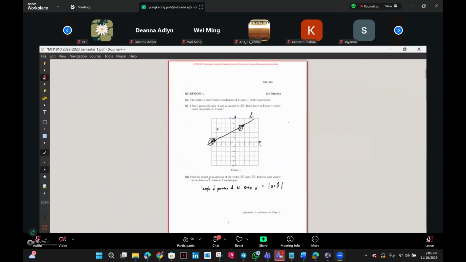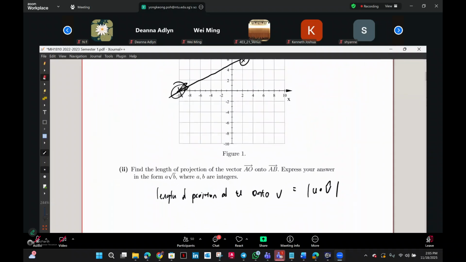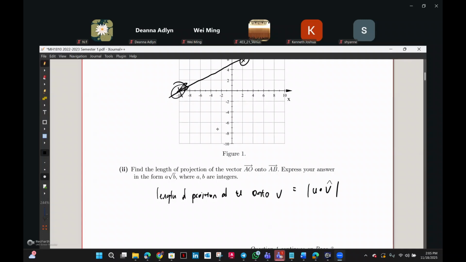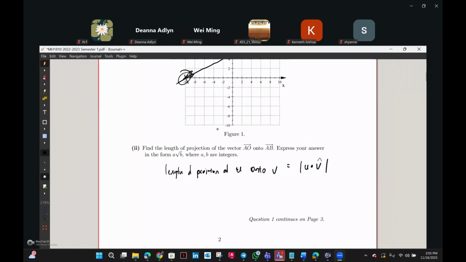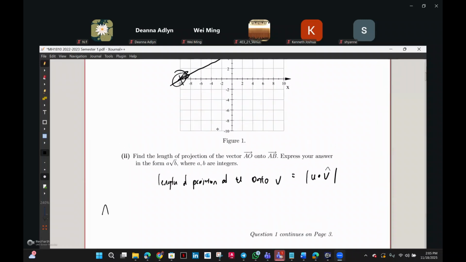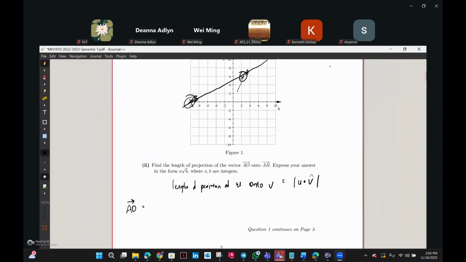So here I want the projection of AO onto AB. What's the vector AO? The vector AO goes from A to O, the origin. So this is (-2, -6).